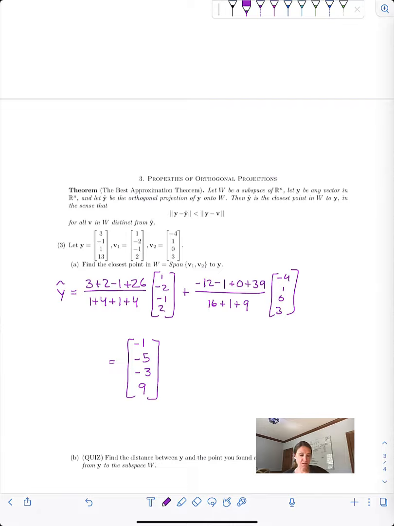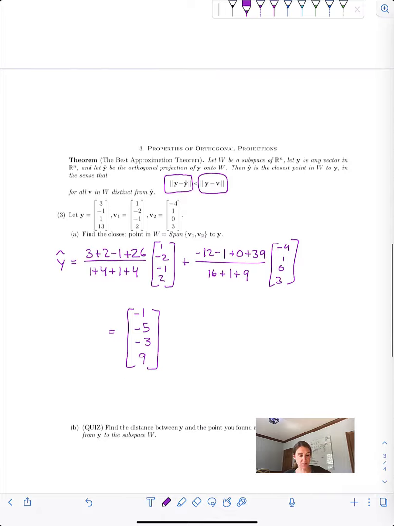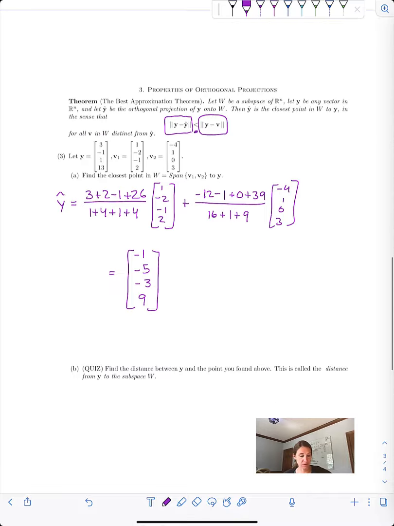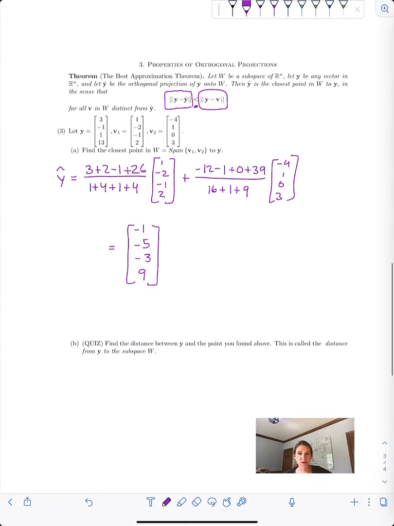And so this means if I take y minus that new vector and I take the length, that distance formula, then that's going to be smaller than the distance to any other vector in W. So if I take y and I look at the distance between y and y hat, that's strictly smaller than the distance between y and any other vector in W. And our first quiz asks you to actually compute this, which is called the distance from y to, in fact, the subspace W.